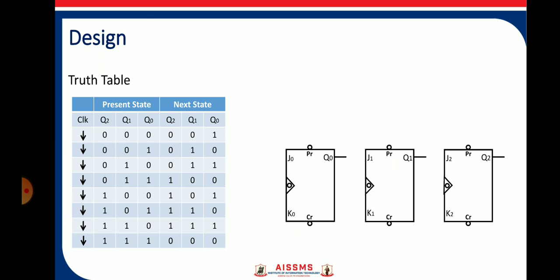For that purpose, we first have to draw the truth table, which contains a present state and a next state, which is shown on the left hand side. Whenever the negative edge trigger comes, the state will change from present state to next state.